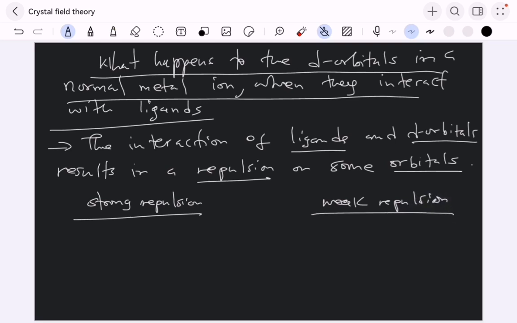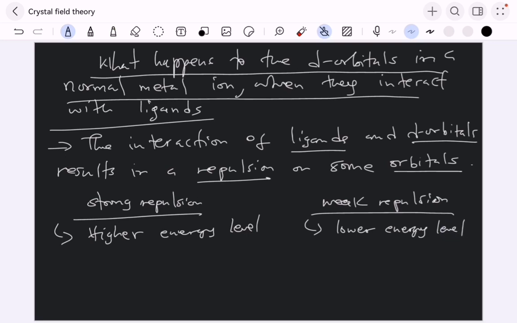So when you experience a very strong repulsion, it means that you're going to occupy a higher energy level. Then when you experience a weak repulsion, you occupy a lower energy level.